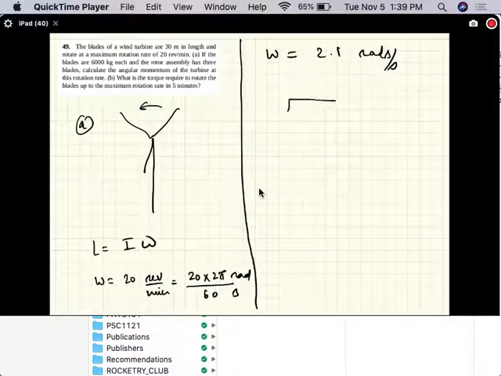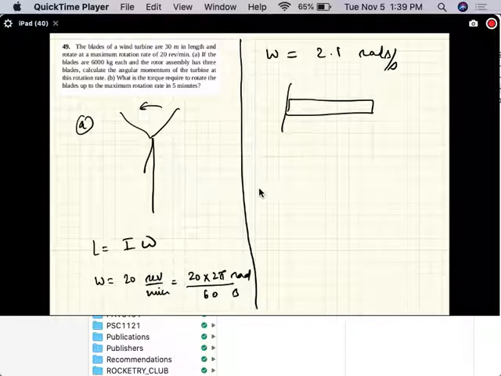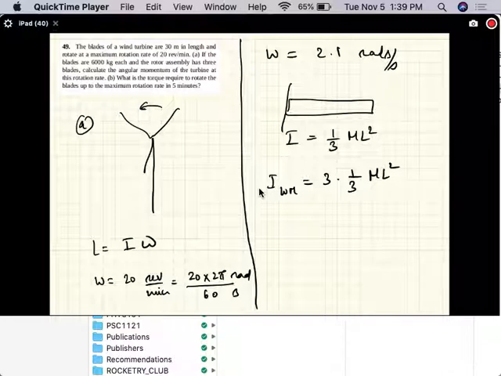So I'll give you the formula. This moment of inertia is given by 1/3 ml squared. And so for the windmill, it's 3 times 1/3 ml squared, and the mass is 6,000 kg for each blade, and it's 30 meters squared.